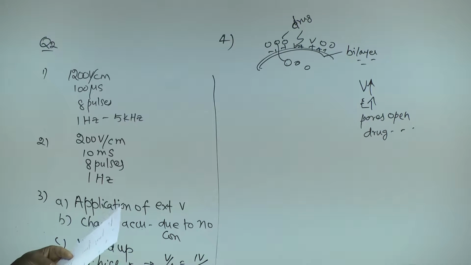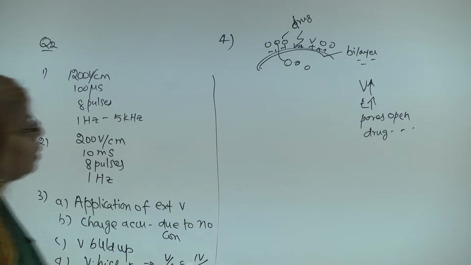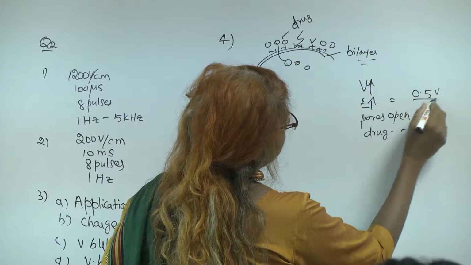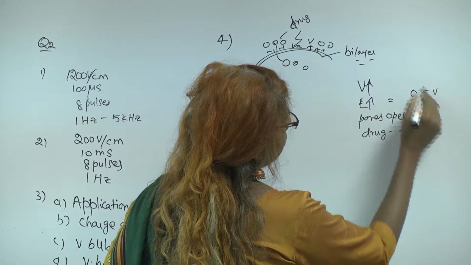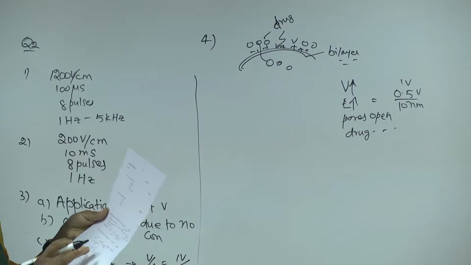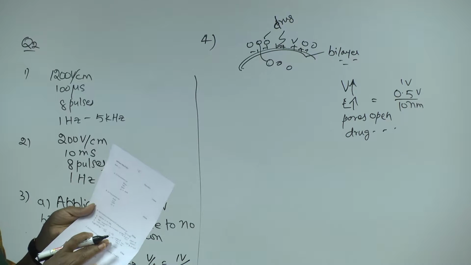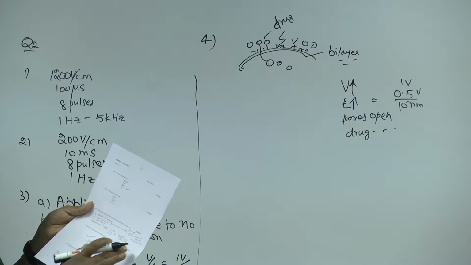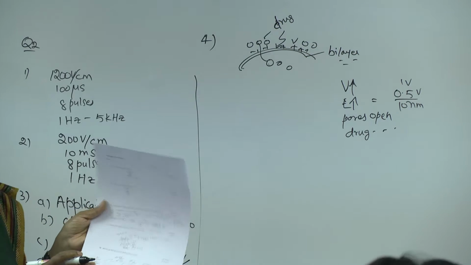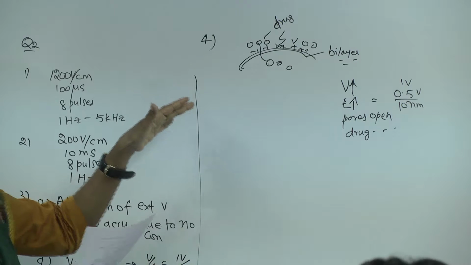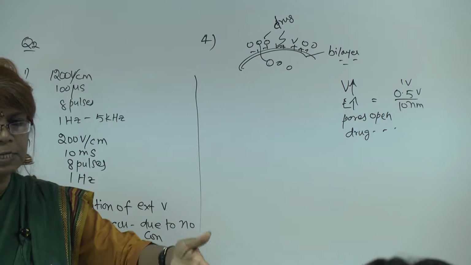Here, yes, I expect E equal to all that. If it's 0.5 volts over 10 nanometers, or you can use 1 volt over 10 nanometers. Very high voltage gradient, membrane breakdown, opening of pores, entering of drugs. Make sense? Everybody knows this, correct? It's only for you to transfer it to the paper.